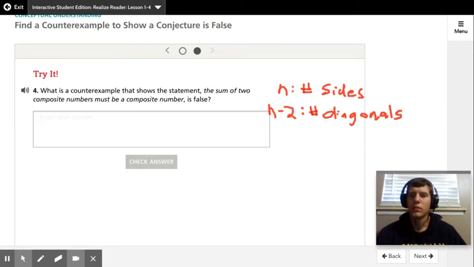So for example, 11, right? You can't multiply anything other than 1 times 11. So that's prime. And then composite would be like 12, because you can multiply 2 times 6 and 3 times 4. So they want you to come up with a counterexample to the statement that the sum of 2 composite numbers must be a composite number.